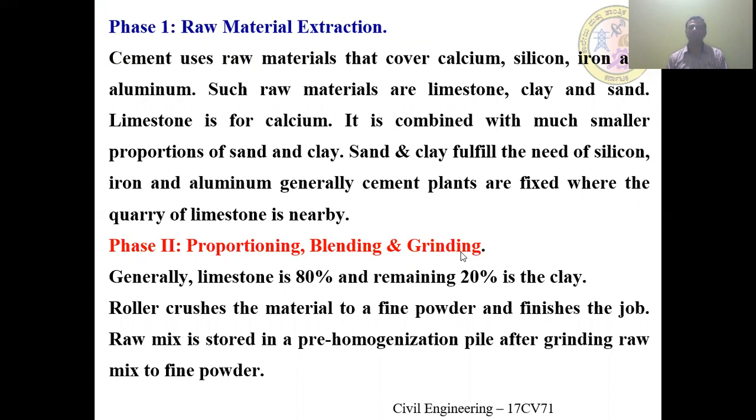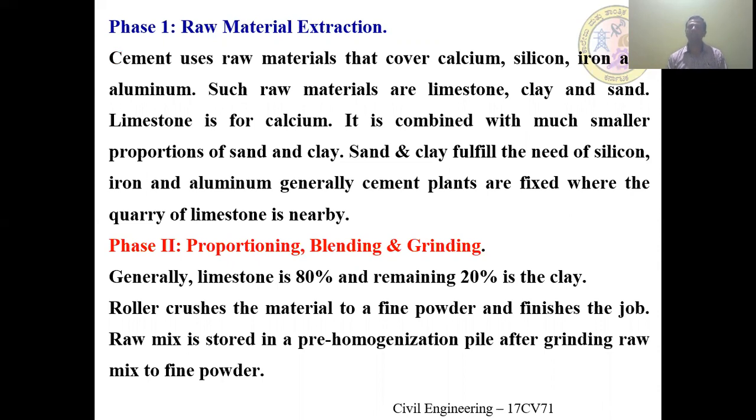Cement uses raw materials that contain calcium, silicon, iron and aluminum. Such raw materials are limestone, clay and sand. Limestone provides calcium, and it is combined with a much smaller proportion of sand and clay, where clay and sand supply silicon, iron and aluminum.